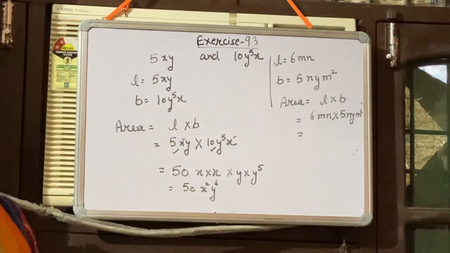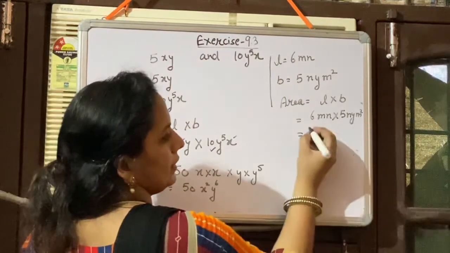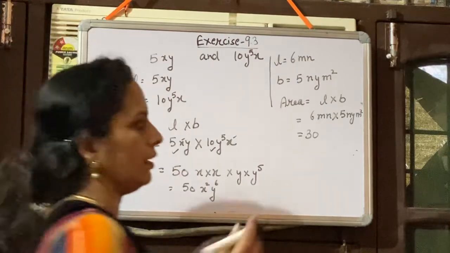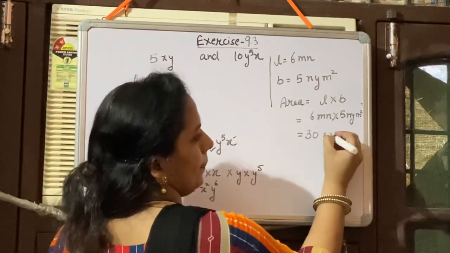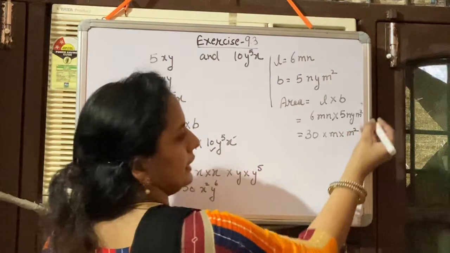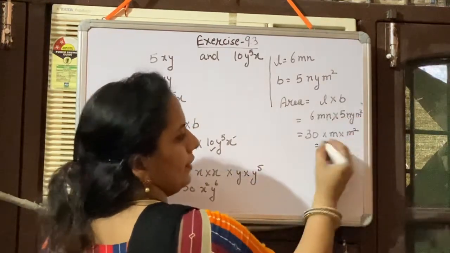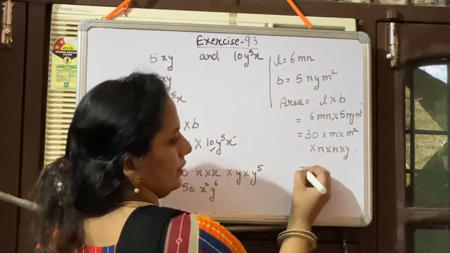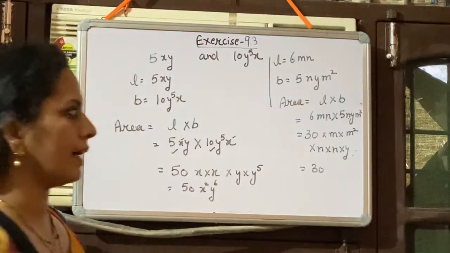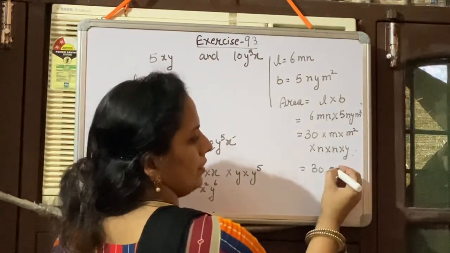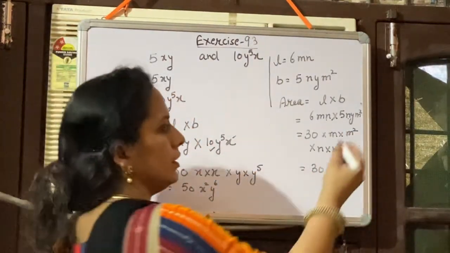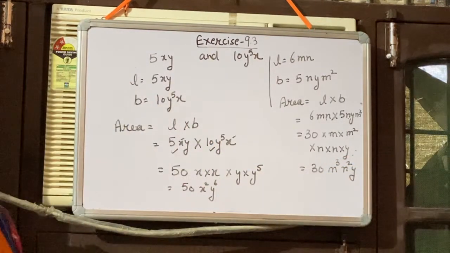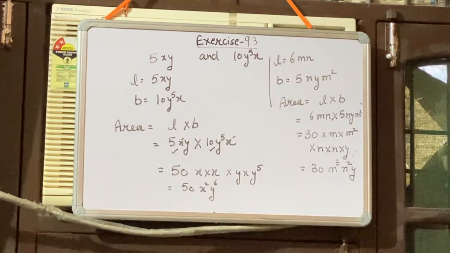Now follow the same rule: 6 multiply 5 is 30. Write the terms in which the base is the same: m square, after this n and n, after this y. So for the final answer we add the powers: m raised to power 3, n raised to power 2, and after that y. So this is the area of the rectangle.